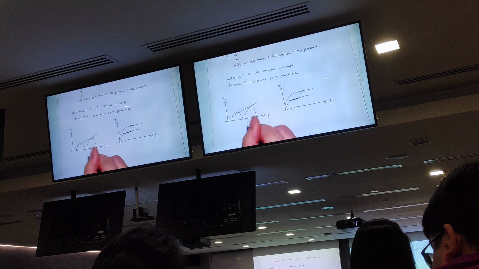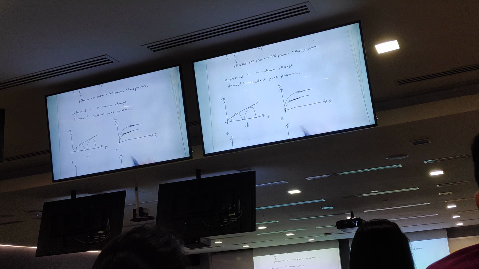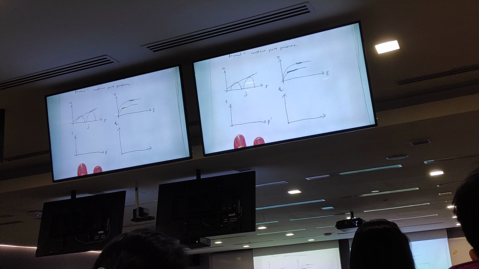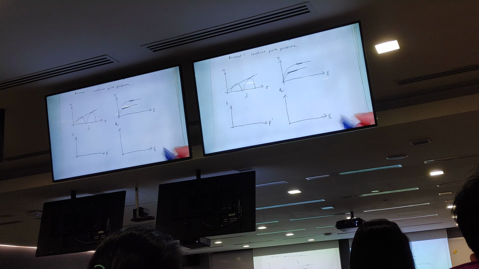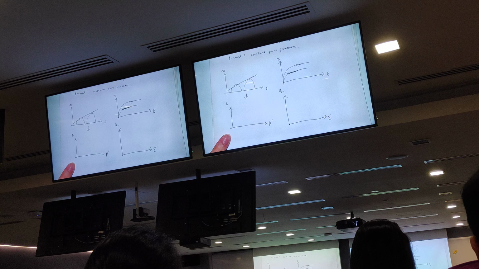But the minute this becomes stress path, which is your q-p prime, when this one becomes q-p prime, your q and your strain, how come this graph suddenly appears here? You've got to ask yourself. You understand what I'm trying to say now, visually?